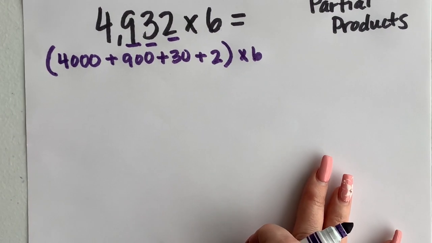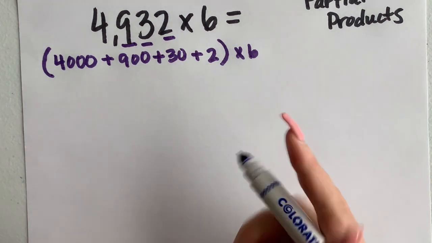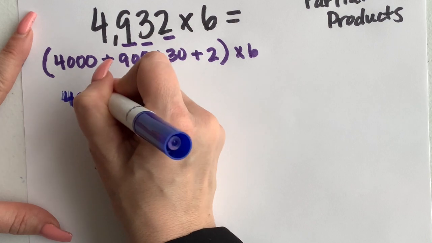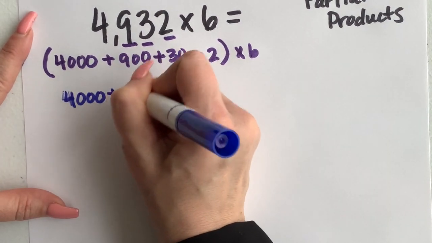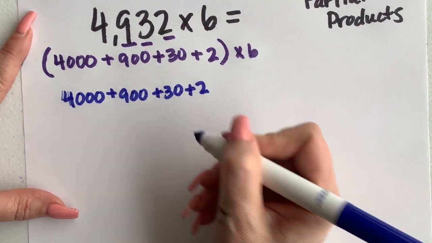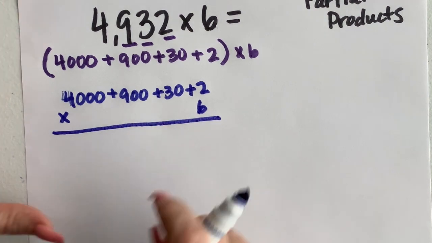I'm going to show you a couple of different ways you can set up a partial product. I can set up my partial product as 4,000 plus 900 plus 30 plus 2 times 6. This is one way I can set it up.